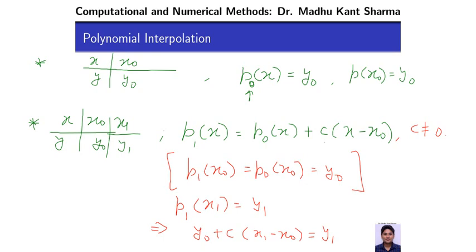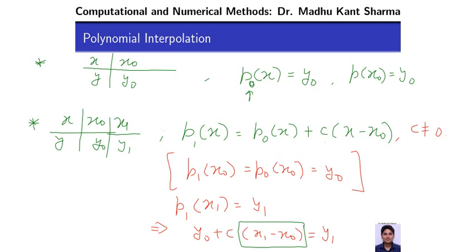What we require is that x1 minus x naught needs to be non-zero, meaning x0 and x1 should be distinct. So you should consider you are adding a set of points where x0 is not equal to x1.